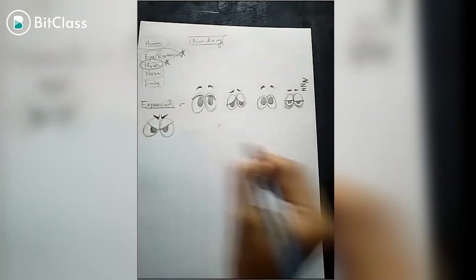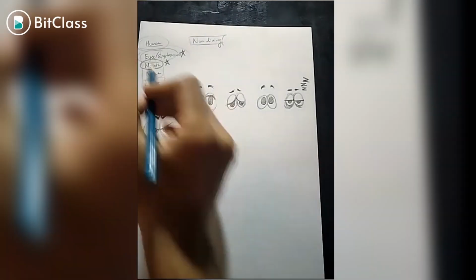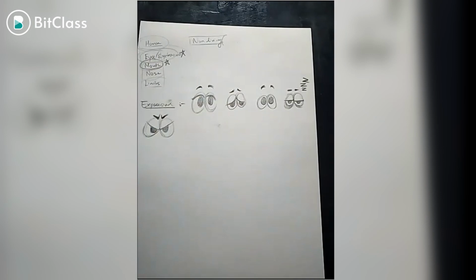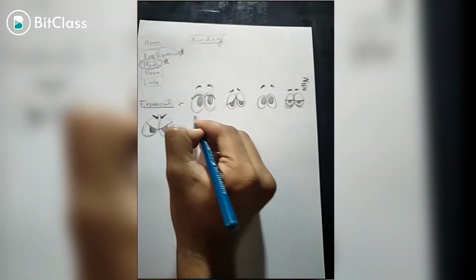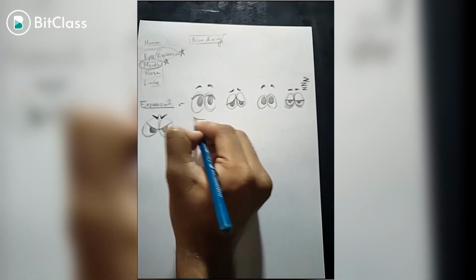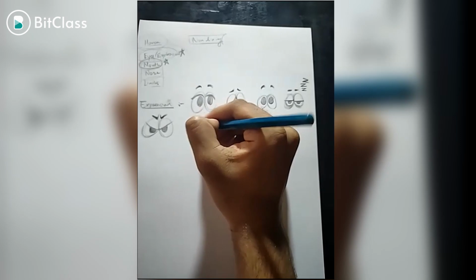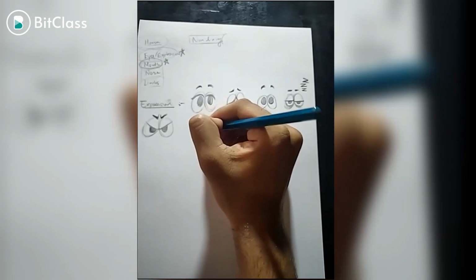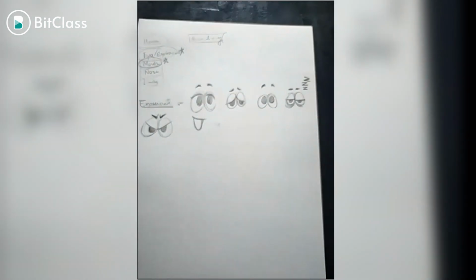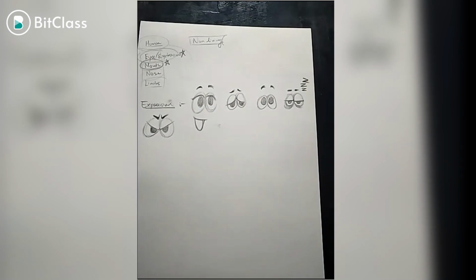Now, this was the part of their eyes. What about the mouth? Even the mouth or showing the lips is important. It is expressive for the expression. Happy?